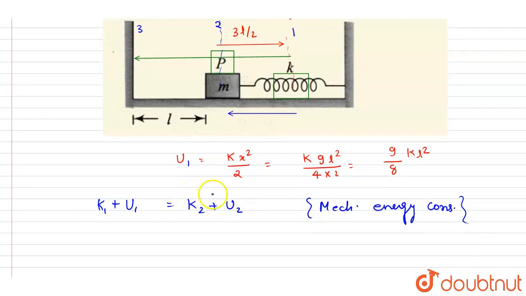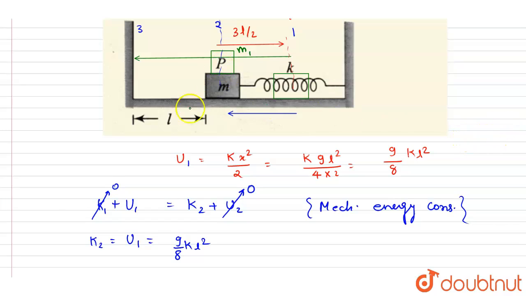At position 2 the spring is at natural length, and at position 1 it was released, so the kinetic energy at position 2 will be the same as the potential energy at position 1, that is 9/8 KL squared. Now a mass m1 is kept over it.